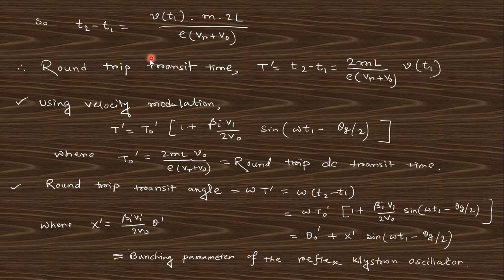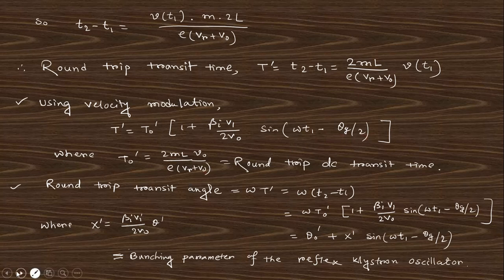Next is the round trip time, that means the time required for the electron to go through this round path, and this will be like that. So using the velocity modulation expression, you can get this relation. The round trip transit angle also will be like that.